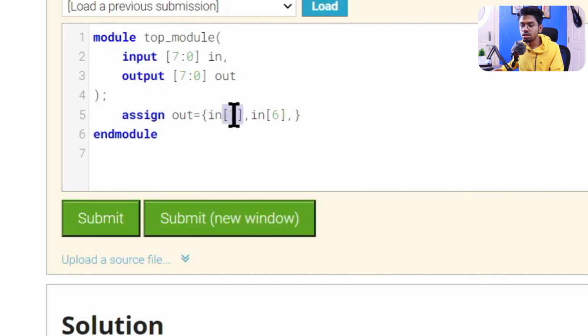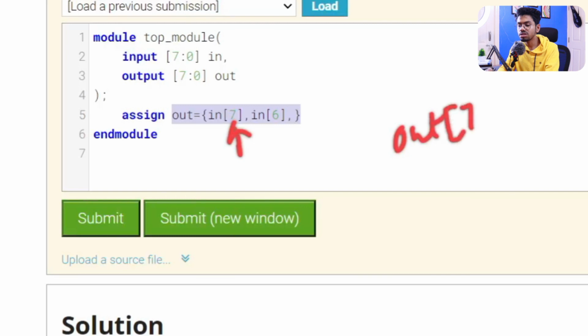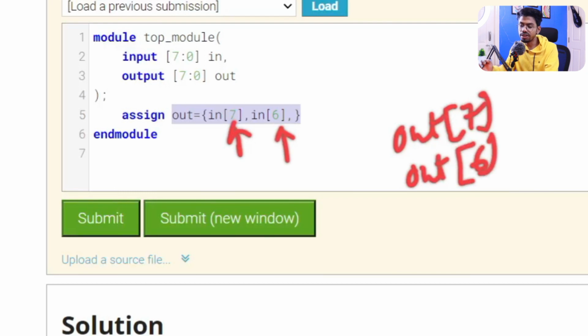This MSB should get assigned to the LSB of my out. But how it works is that this fellow will get assigned to out 7, then this fellow will get assigned to out 6. So we are not reversing it, right?